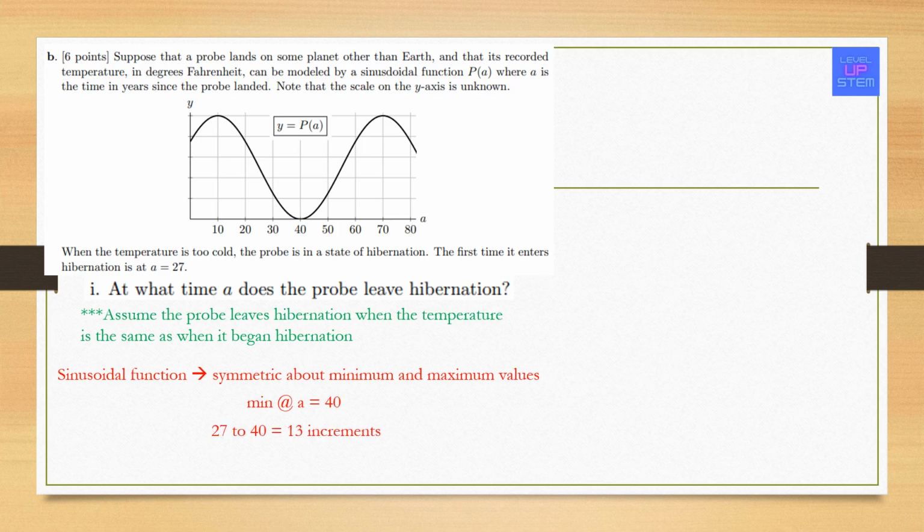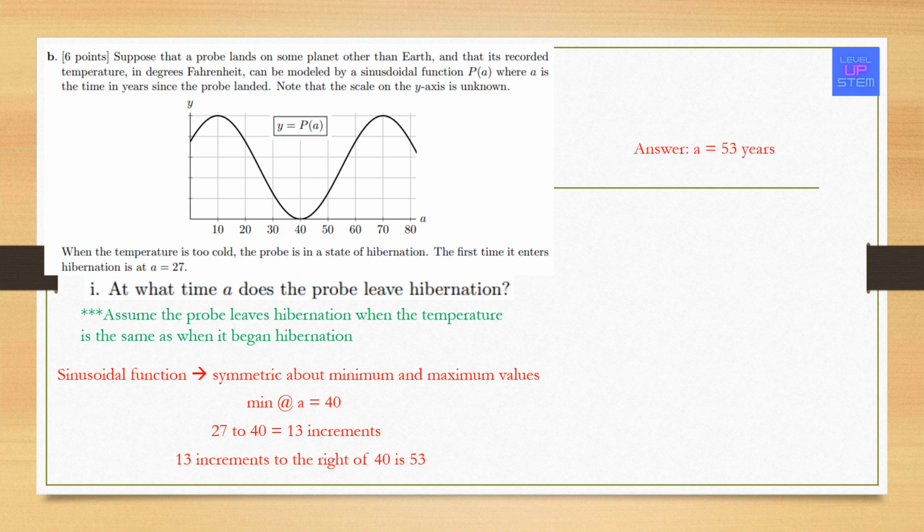From 27 to 40, that's 13 increments, because that's 40 minus 27. And if it's symmetrical about the minimum value, or A equals 40, then it'll be 13 increments to the right to get to when it exits hibernation. And that'd be 53, because 40 plus 13 equals 53.